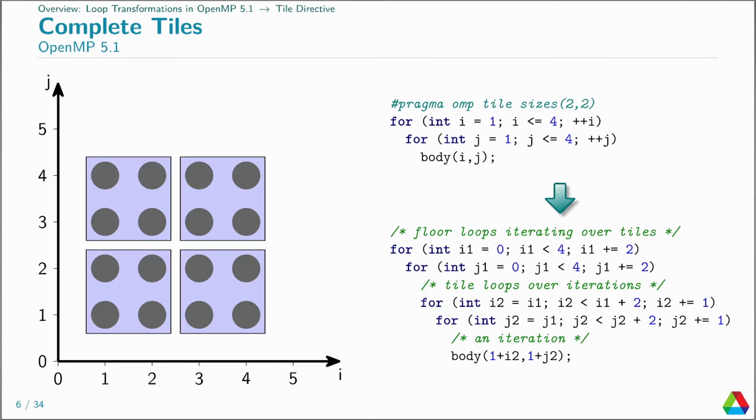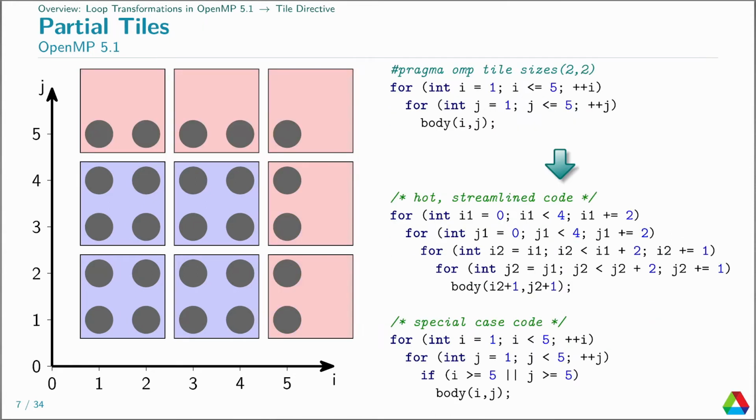If the loop iteration count is not a multiple of the tile factor, partial tiles have to be introduced. In this case, the compiler will have to handle the execution of the partial tiles and is also allowed to optimize them separately from the complete tiles to allow more opportunities for optimization.